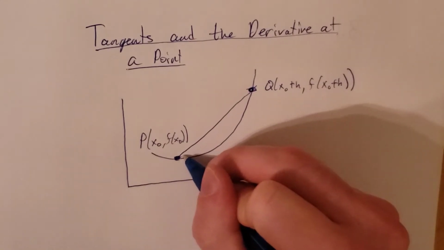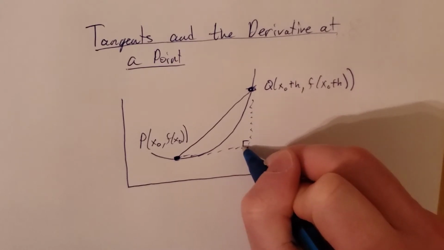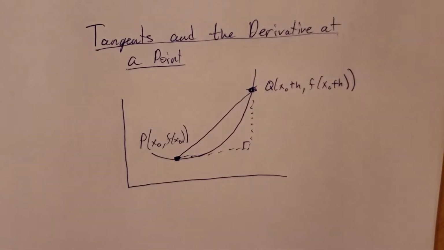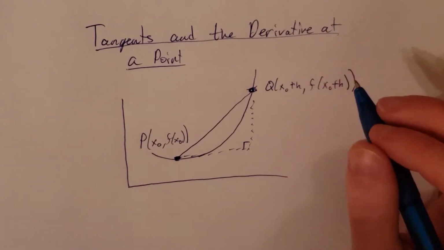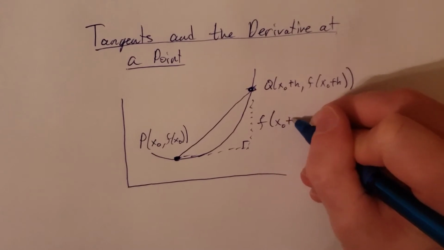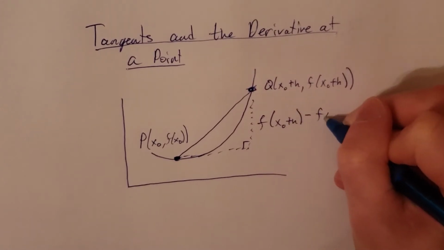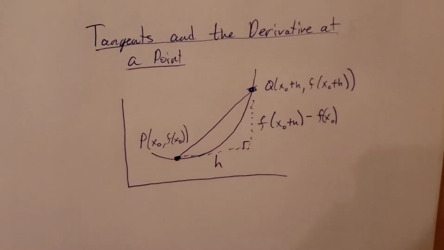Then we look at this triangle here, which gives us our differences along the y and the x direction, respectively. So we have f of x naught plus h minus f of x naught here, and this distance is just some horizontal distance, h.